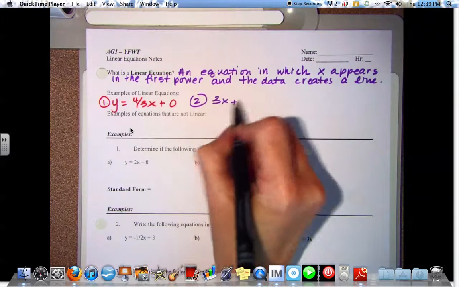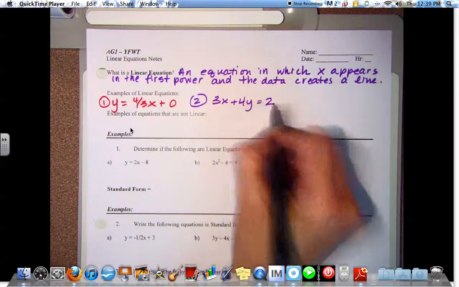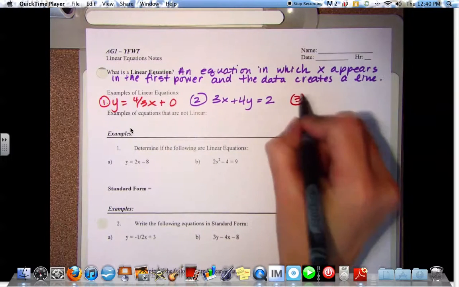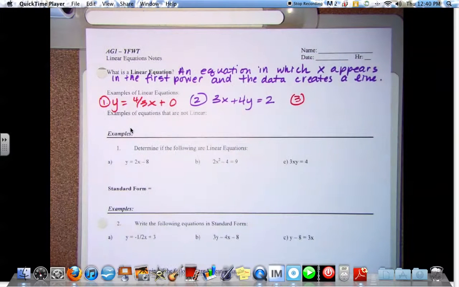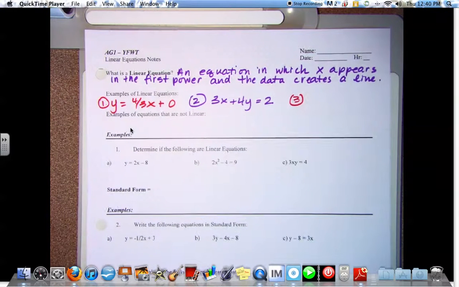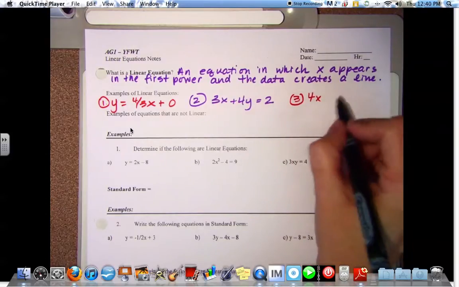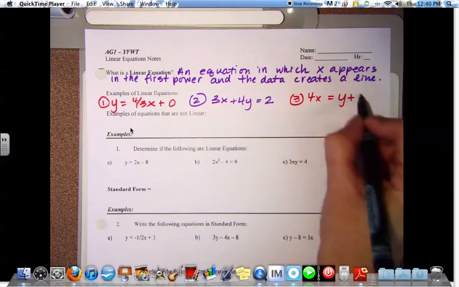Three x plus 4y equals 2. 4x equals y plus 3.